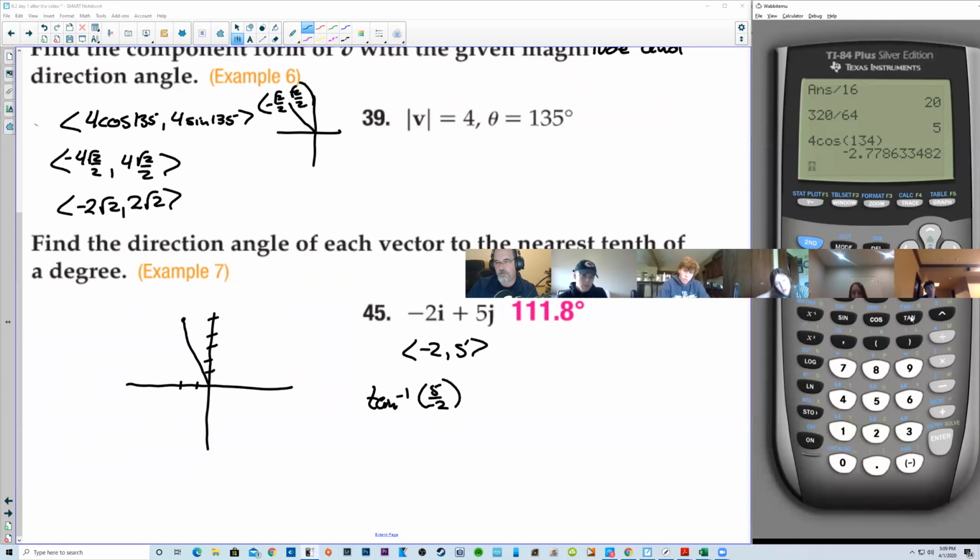When we type in inverse tangent of -5/2, it's going to give us the wrong answer because it thinks we are in the fourth quadrant down here. So here is your -68.2 to the nearest tenth, and we just need to add 180 to that. So the answer we're looking for is 111.8.